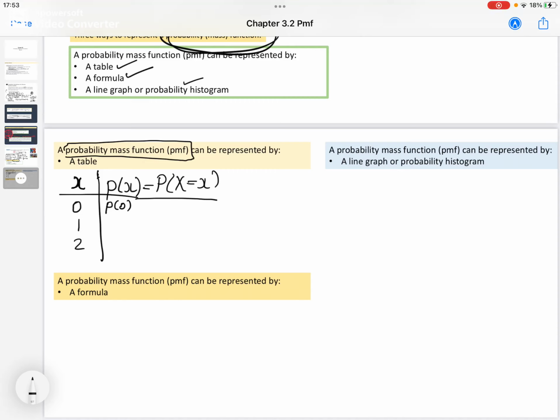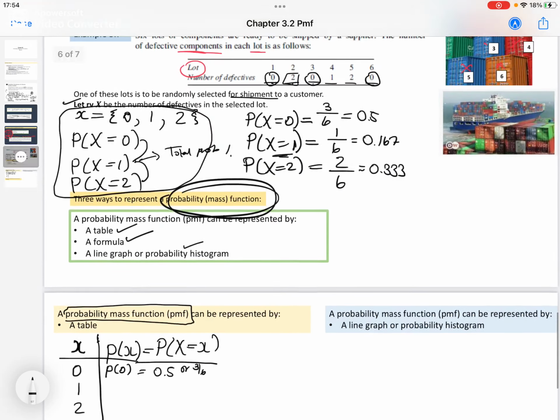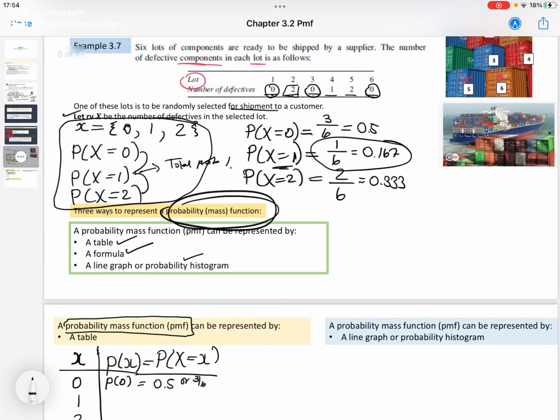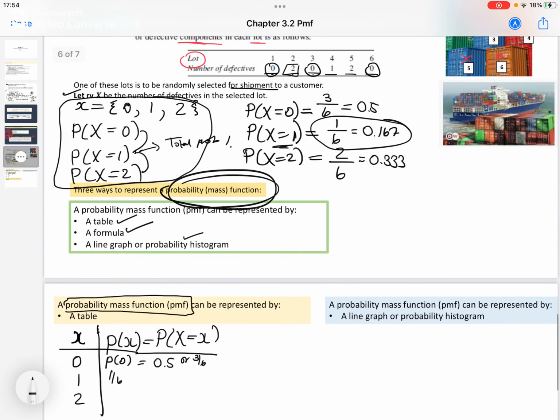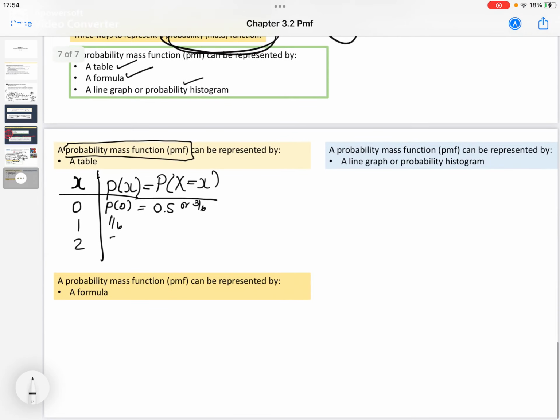So if x is equal to 0, then the probability that x is equal to 0 is 0.5, or you can write it as 3 divided by 6. The probability that x is equal to 1 is 1 divided by 6, and the probability that x is equal to 2 is 2 divided by 6.